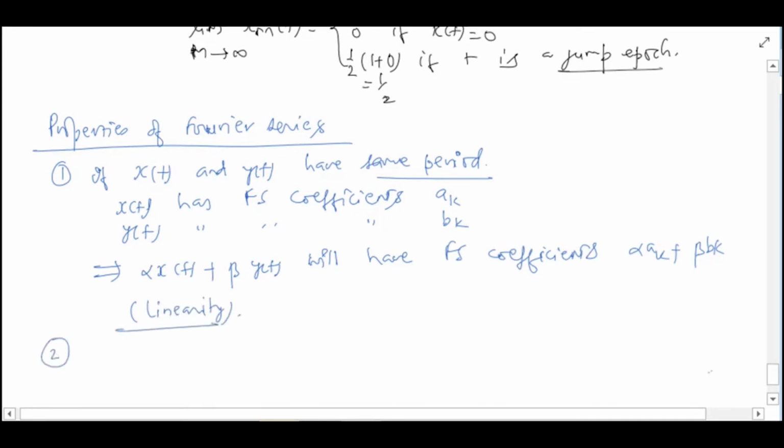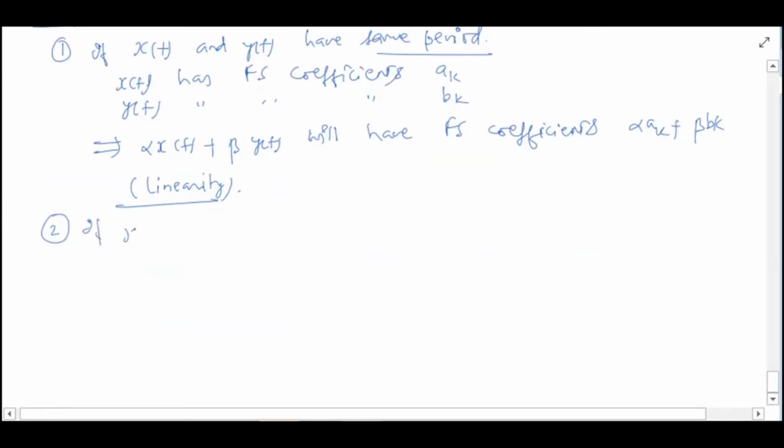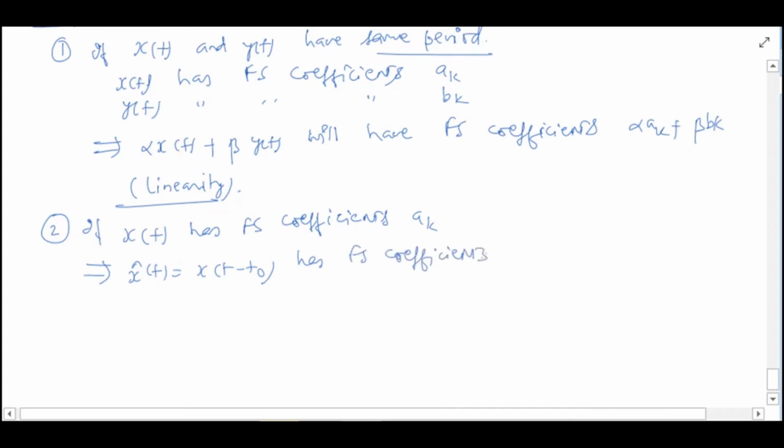Let's look at the next property. If x(t) has Fourier series coefficients a_k, then the time shifted version of x(t), that is x hat(t) equals x(t minus t_0), has Fourier series coefficients a_k e raised to minus j k omega_0 t_0.